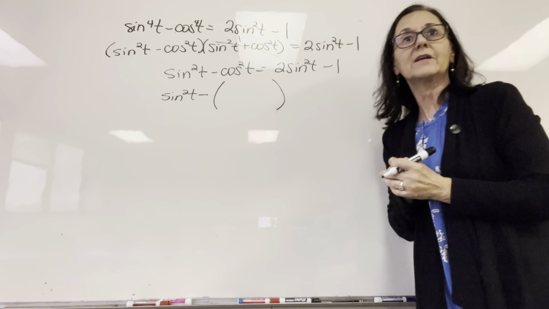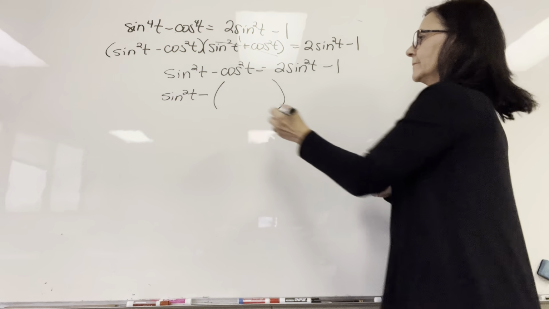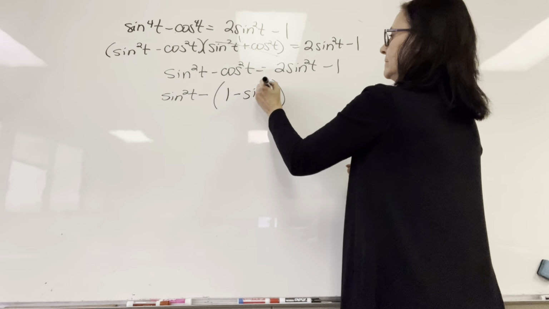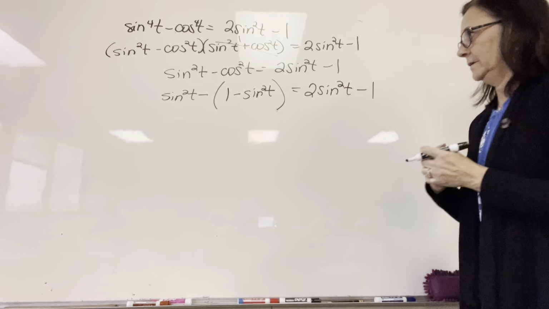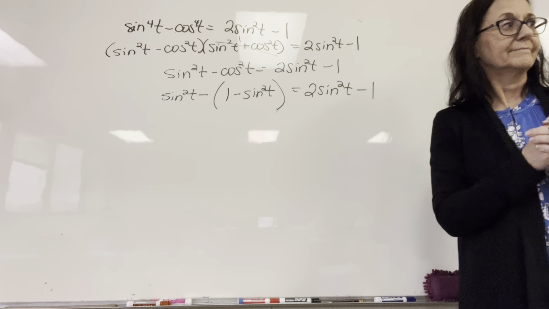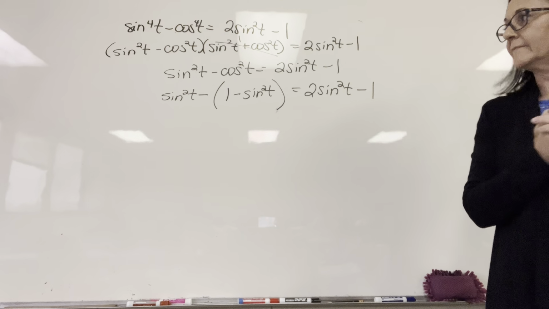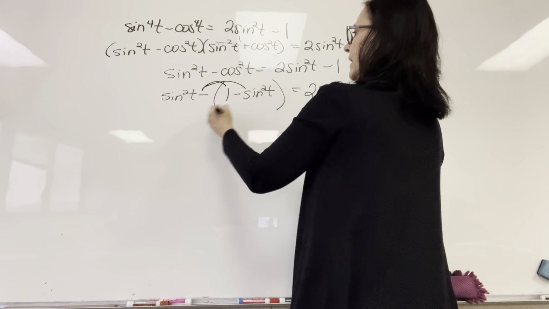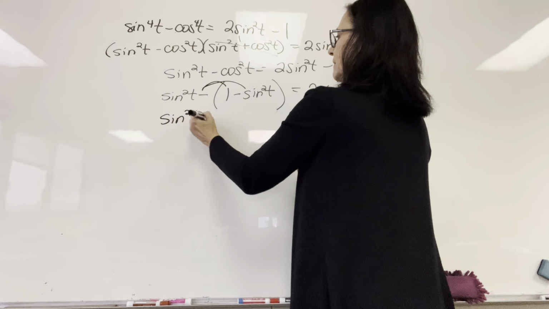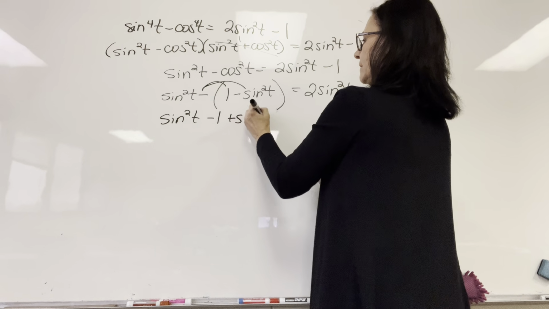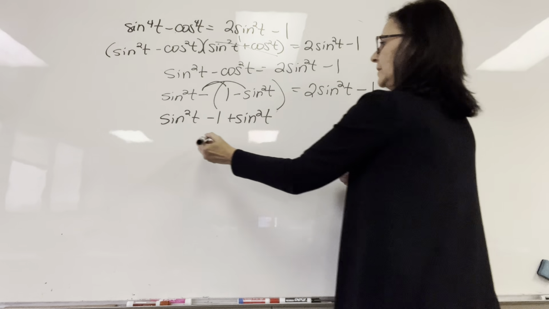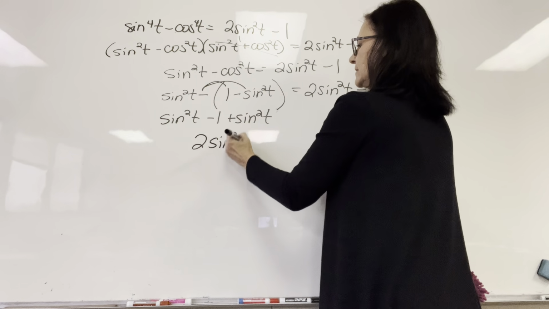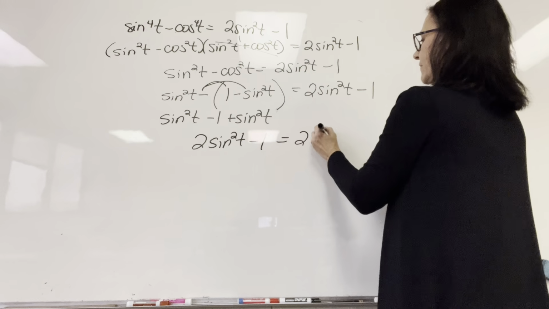What are we substituting in for cosine squared t? Well, 1 minus sine squared. Correct. So distributing our negative. Do we have like terms? Yes. So we have 2 of the sine squared t minus 1. Does that equal?